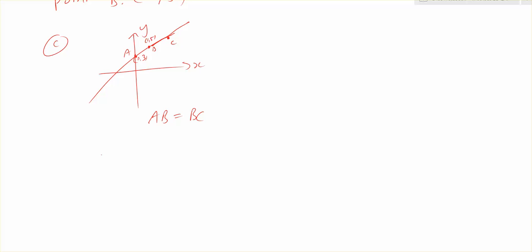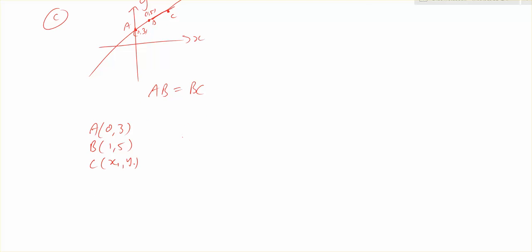So we have point A (0, 3), point B (1, 5), and then point C, which we'll call (x1, y1).